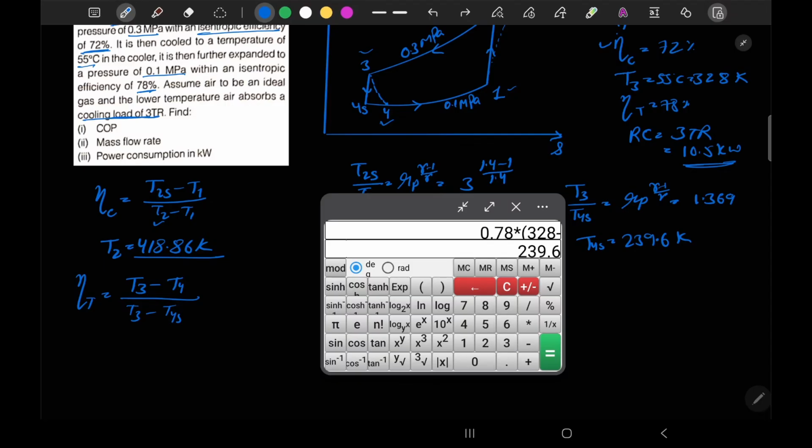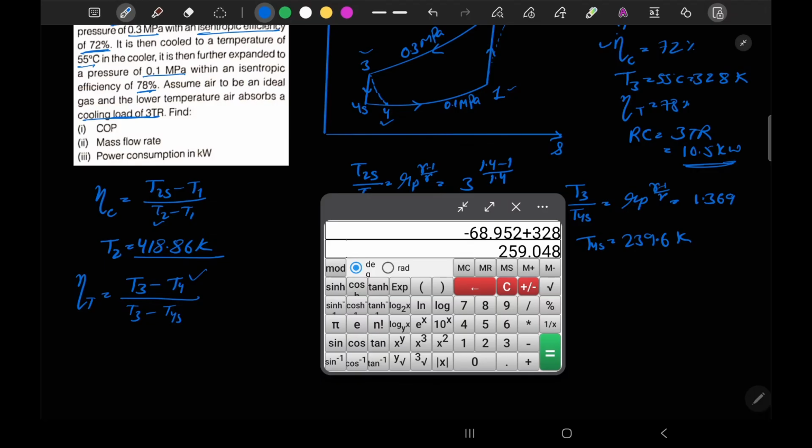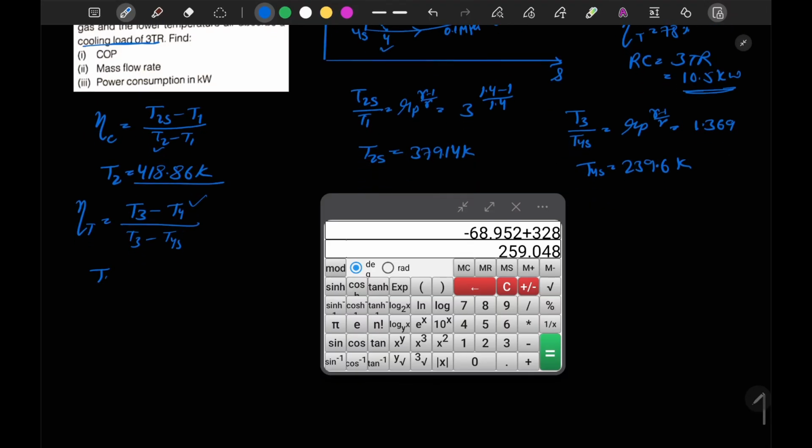Okay, and we have to calculate T4 here, so if we subtract this value from our T3, which is 328, we will obtain value of T4 is equal to 259 Kelvin.